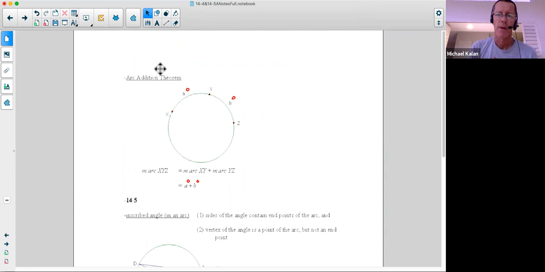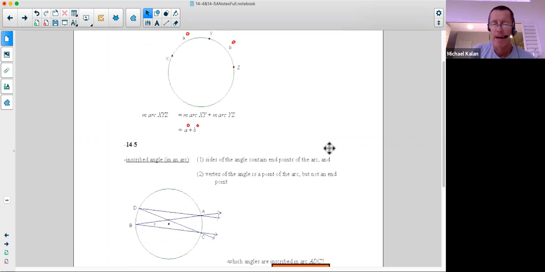It's basically how much out of the circle it is. And just like we had angle addition, we have arc addition. So if we have a minor arc XY here, and minor arc YZ, and they had respective degrees of A degrees and B degrees, then the measure of arc XYZ would just be the measure of arc XY plus the measure of arc YZ, or in other words, A plus B. Same as angle addition.